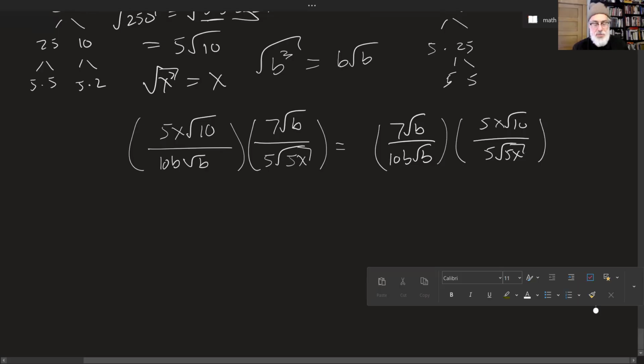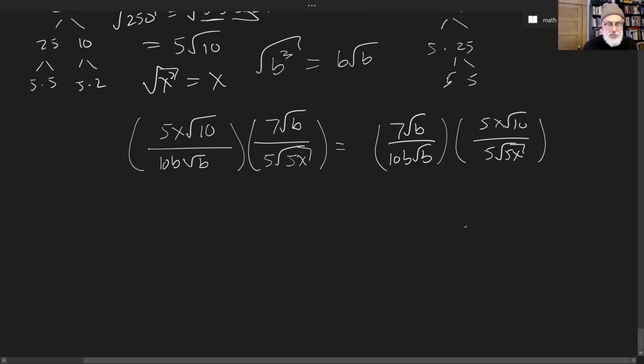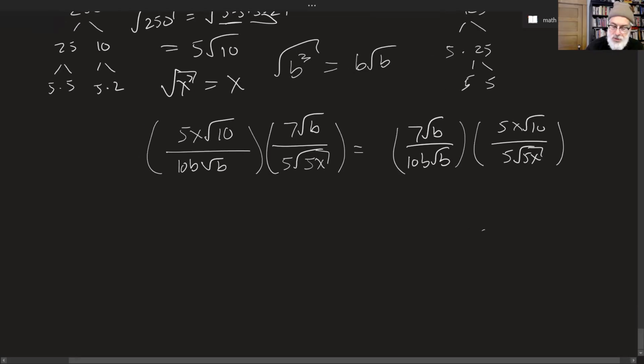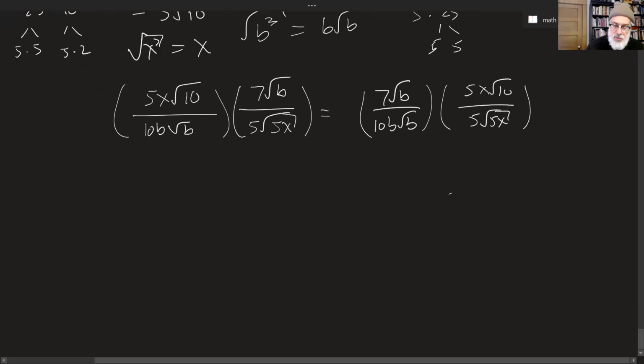Again, these are properties of real numbers in lecture 2, I believe, if you need a refresher of why I can move stuff around that way. So the square root of b divided by the square root of b conforms to our rule that if I take b to the 1/2 and b to the 1/2, I'm converting them to rational exponents.